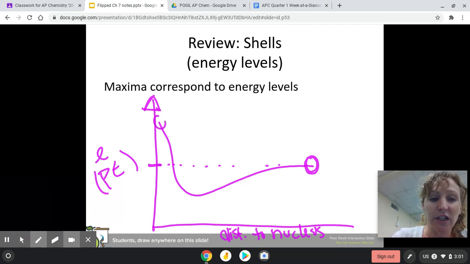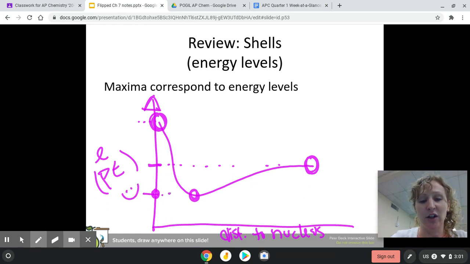When the electron is too close to the nucleus, it's also not as stable as it could be because there's going to be a repulsion that happens. And so there's this happy distance between the nucleus and the electron, and that's where our energy shell is going to be.